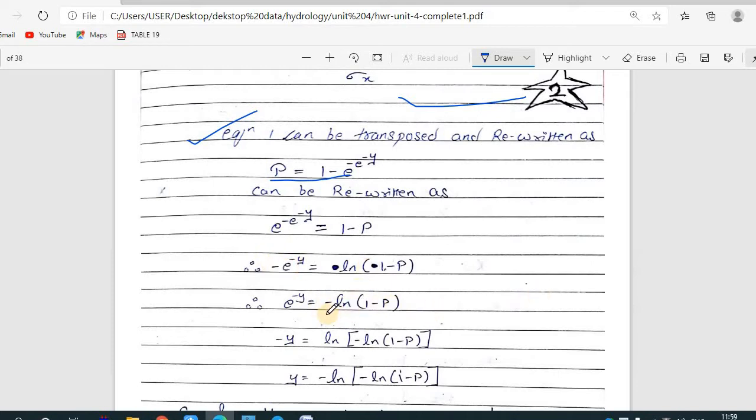Again, to remove this e, we take ln once more, so minus y equals ln of minus ln (1 minus P).